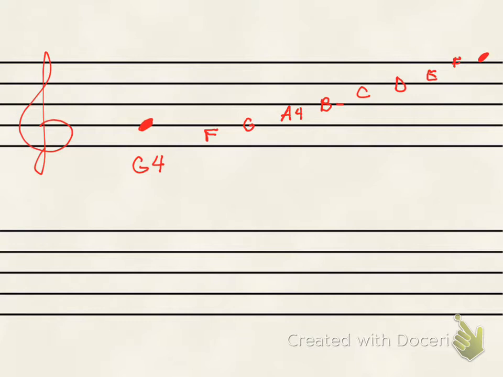This B is B4. Now, once we get to this C on the third space, this becomes C5, or the fifth C on the piano. Now the D is also D5, the E is E5, and then F5, G5.